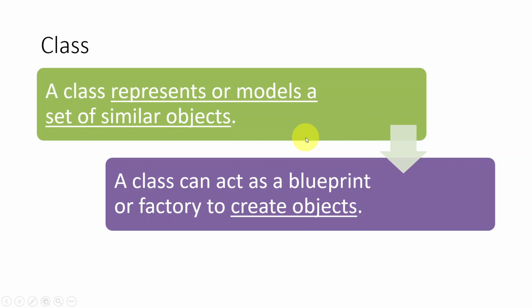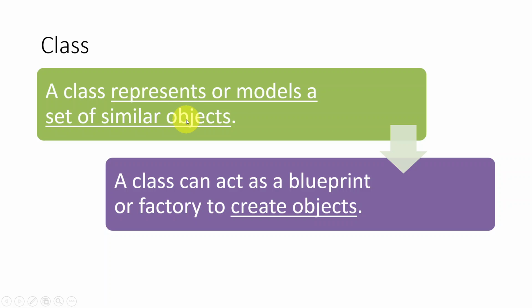Now we have discussed objects, attributes and behaviors. Now we are moving to the related concept called class. Object and class are related concepts, but they are two different concepts as well. An object is anything that we are interested in, whereas a class represents or models a set of similar objects.